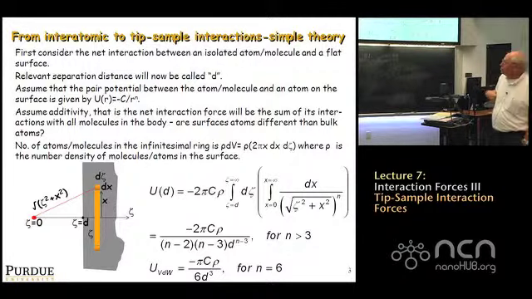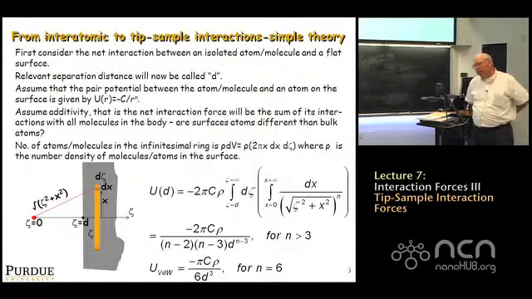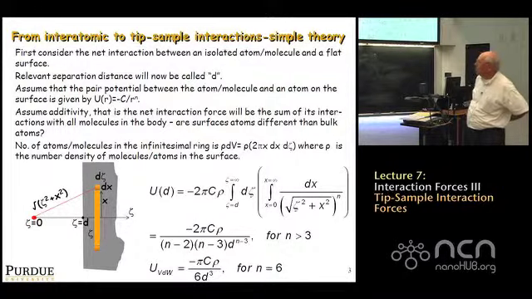The other thing we have to deal with is the number density of atoms in the substrate. In the discussion that follows, this number density is signified by the constant rho, which is the number density, not the mass density, of the atoms in the substrate.